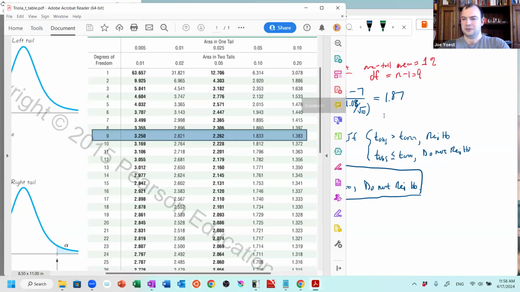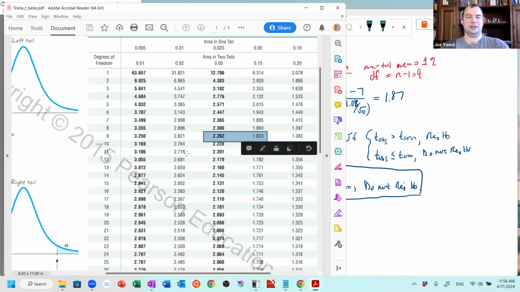But I could ask for my t observed of 1.87, what t criticals does it fall between? Well, 1.87 falls on my degrees of freedom 9 line. That's the only one I care about. That's the distribution I'm working under. My 1.87 falls between these two, between 1.833 and 2.262.